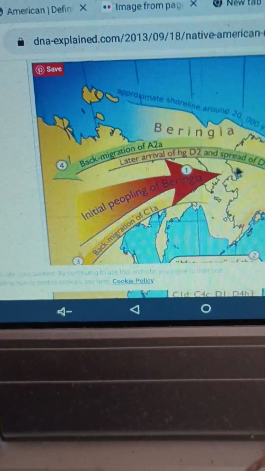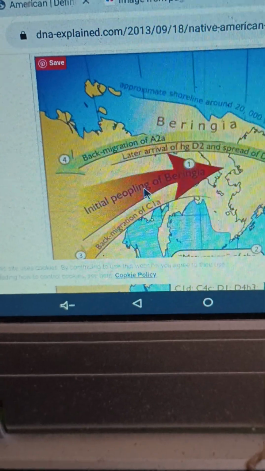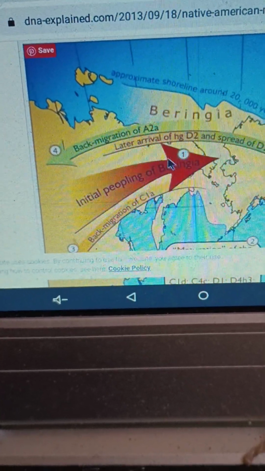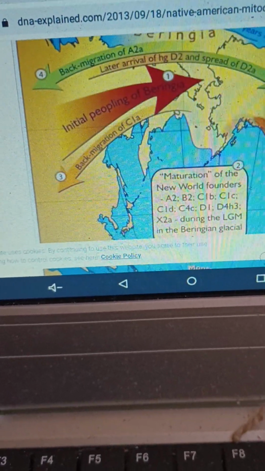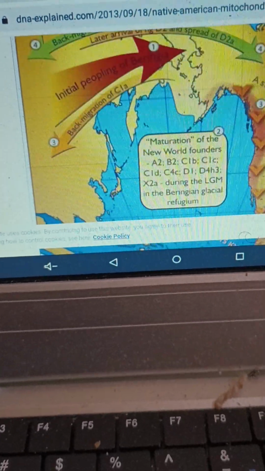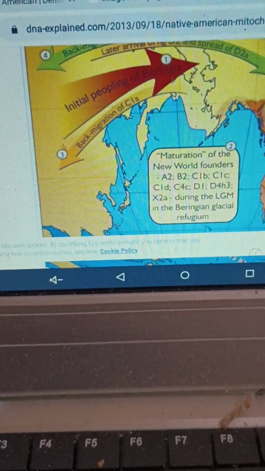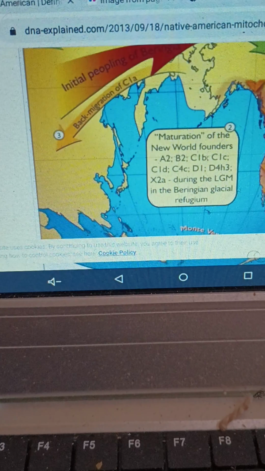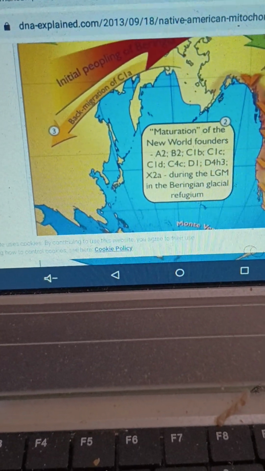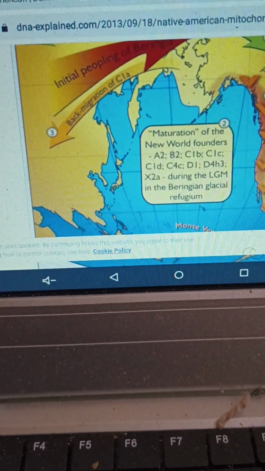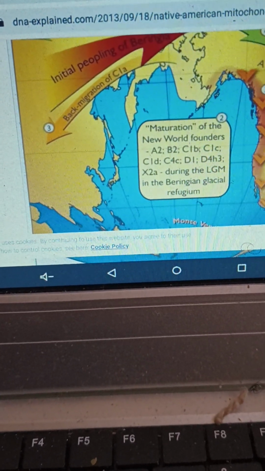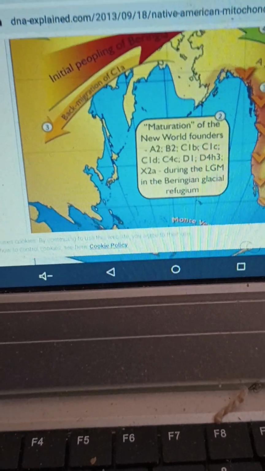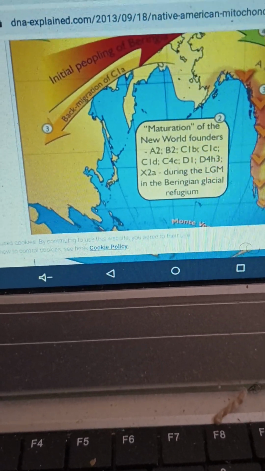Back migration of A2, initial peopling of Beringia, later arrival of haplogroup D2 and spread of D2A, a swift peopling of the Americas, maturation, back migration of C1A, maturation of the New World founders, A2, B2, C1B, C1C, C1D, C4C, D1, D4H3, X2A during the last glacial maximum.